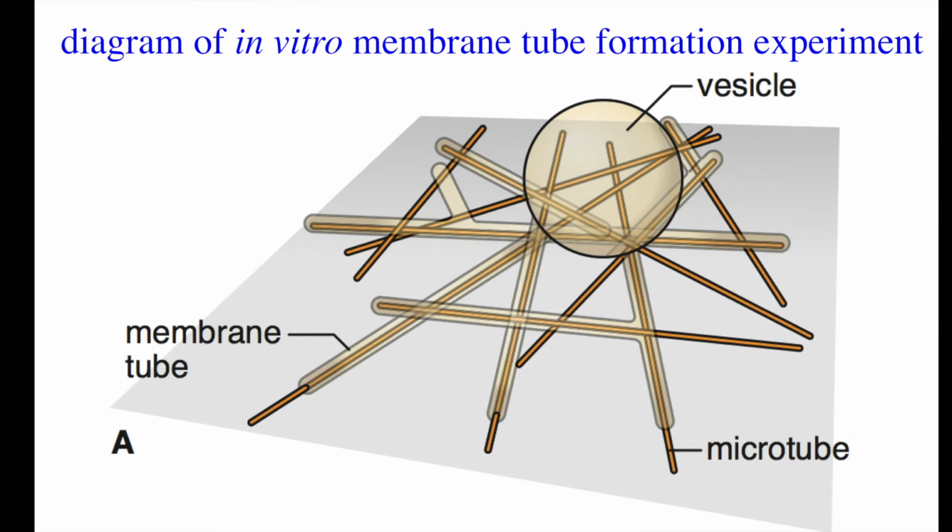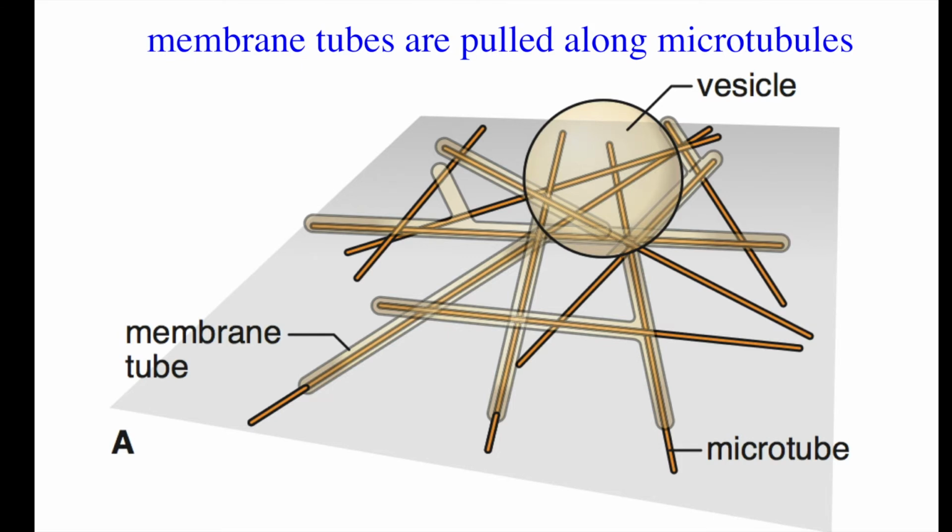They made a sort of fake endoplasmic reticulum on a slide, where they took just vesicles and a bunch of microtubules, and then they had the microtubules covered by the vesicles, and then they stretched out the vesicles using proteins in the cell, and I'll show you how they did that.